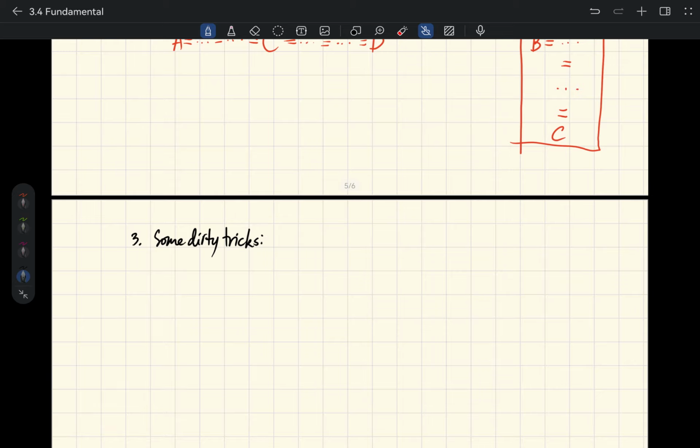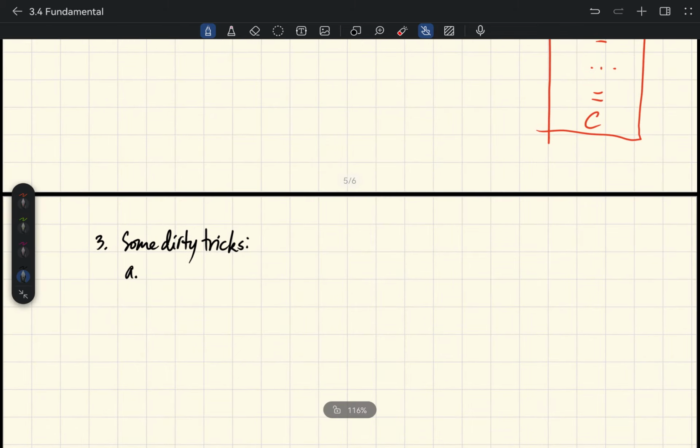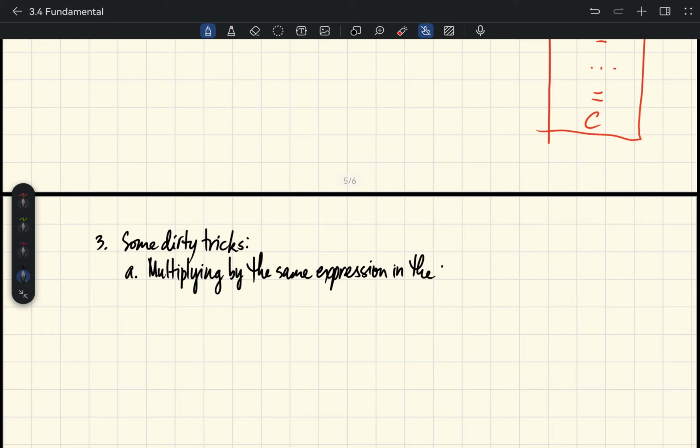First dirty trick that I can share is multiplying by the same expression in the numerator and denominator.